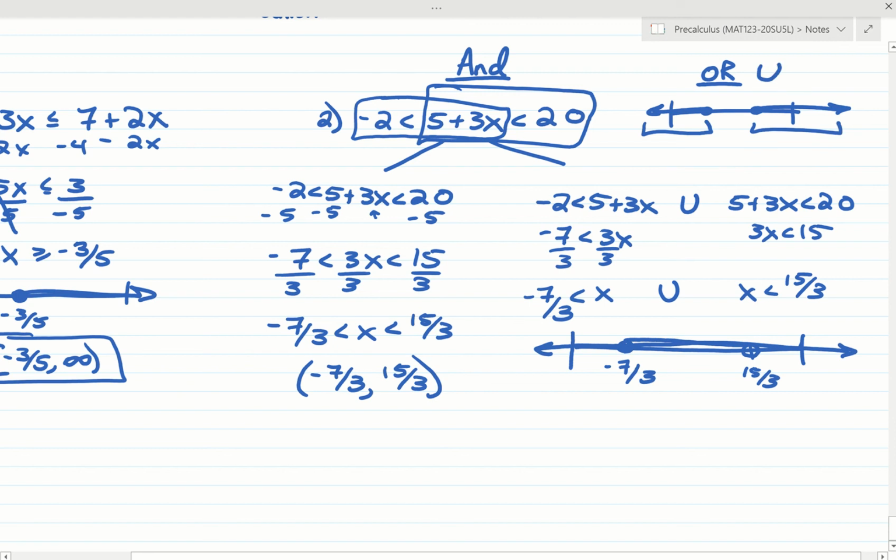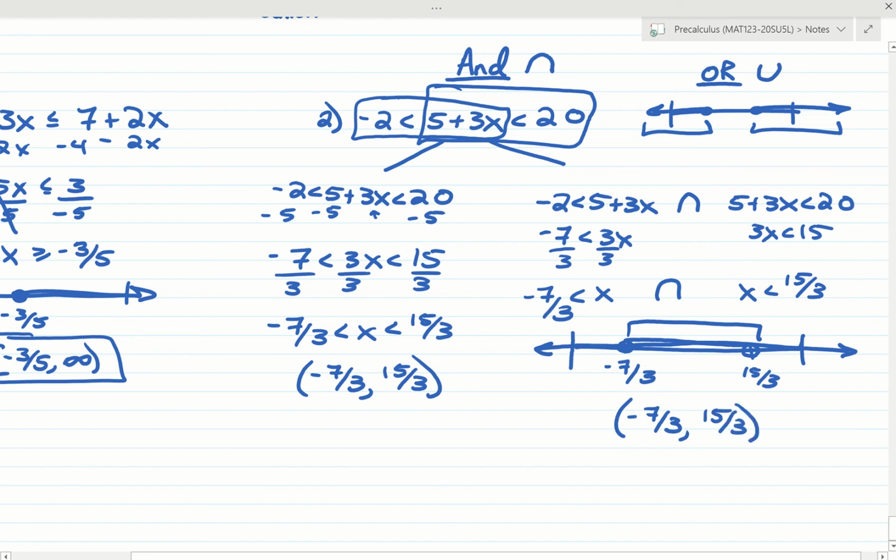If it's an and problem, we actually use an intersection of two inequalities. What that means is we're looking to see where is there overlap between numbers that are greater than negative 7/3 and numbers that are less than 15/3. So the overlap would be between negative 7/3 and 15/3.